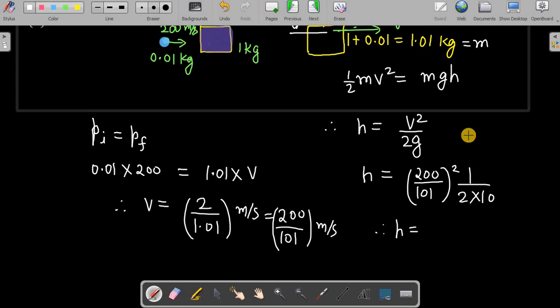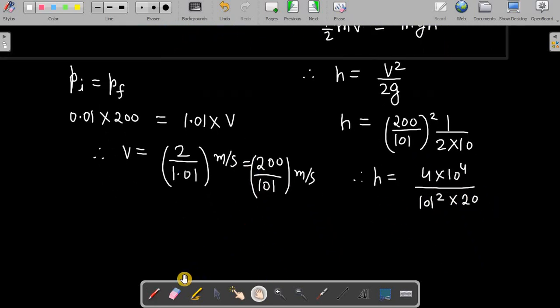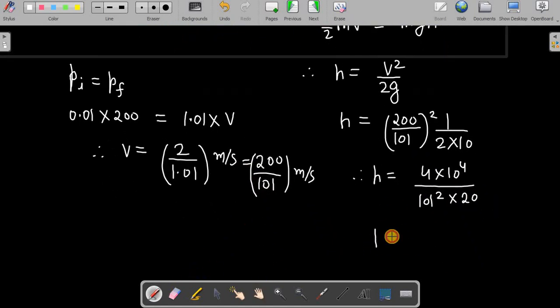So 2 square, let's say 4, and this is 10 to the power 4, and this is 101 square into 20. Approximately how much will this height come? Some approximations are involved here. If you calculate, 2 and this 10 will get cancelled, so 2000 by 101 square.